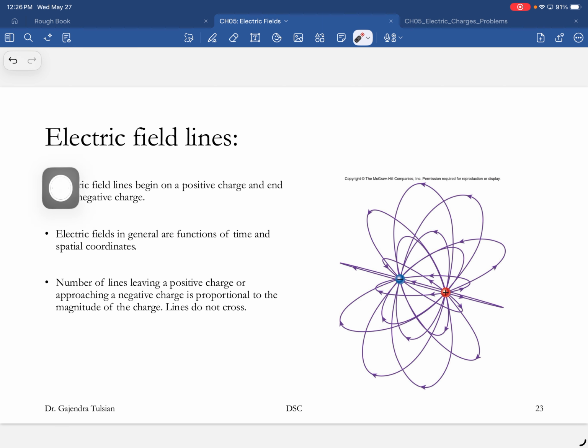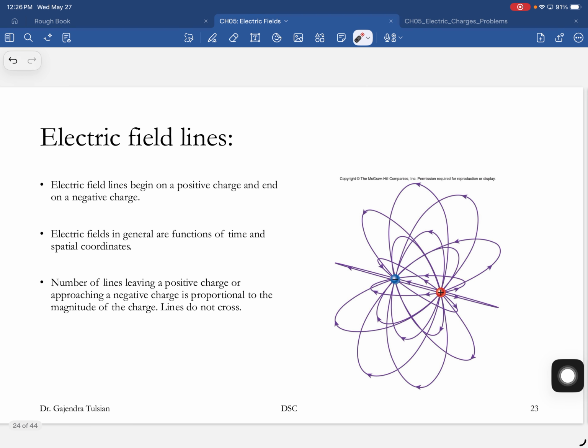So here are some of the rules for drawing field lines. Electric field lines start on positive charges and end on negative charges. This is just what we draw. In an alternate world, or in a parallel universe, you can have them start from the negative charge and end on the positive charge.